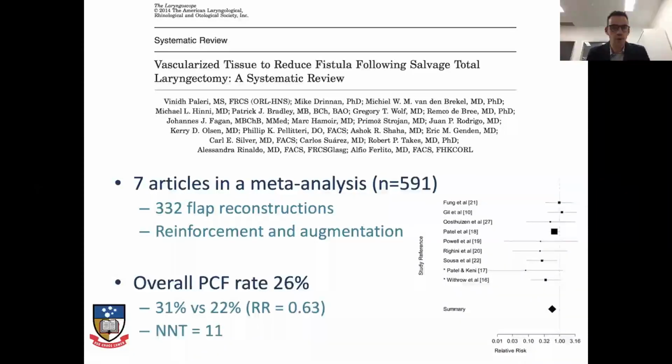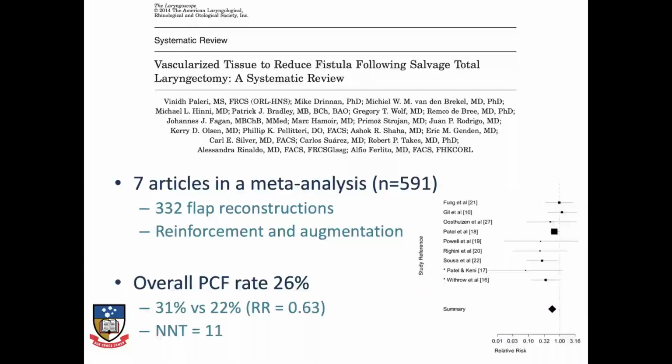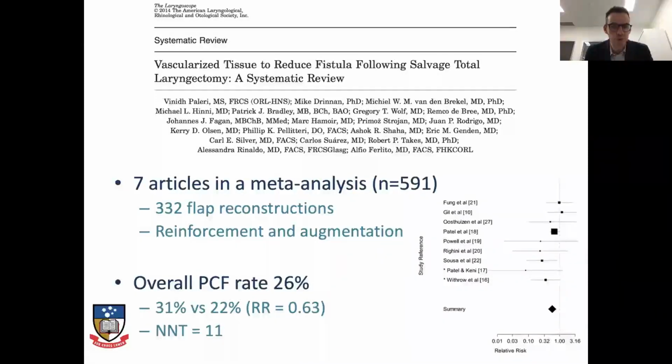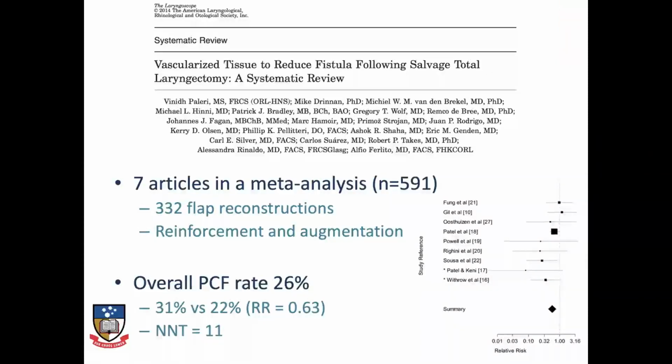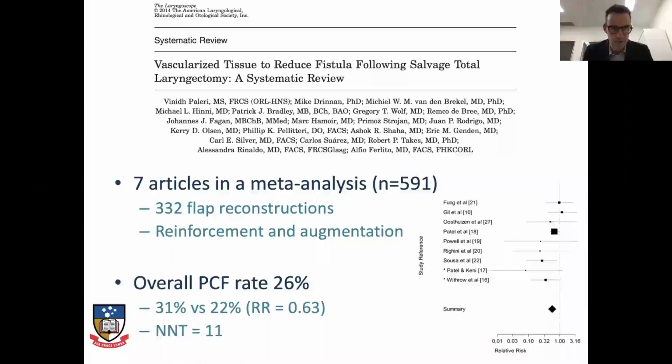And overall, the pharyngocutaneous fistula rate was 26%, but when we looked at those without flap augmentation, it was 31%. Some did have some sort of vascularized tissue placed over their reconstruction. And the summary of this is that the number needed to treat to prevent one fistula is 11, and that's certainly acceptable, I think, in most people's practice in order to introduce this as fairly standard care like we have in our department.